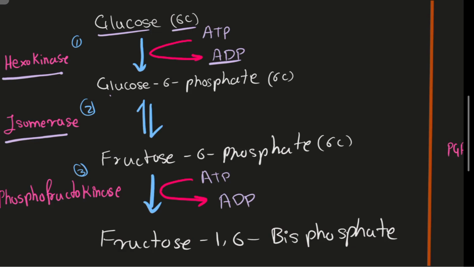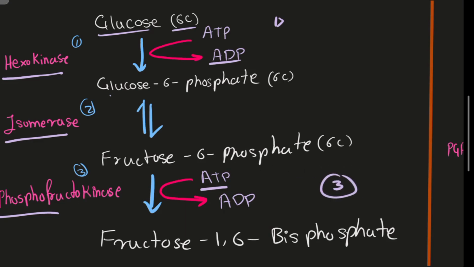Moving forward, we add another inorganic phosphate by breaking ATP into ADP and produce fructose 1,6-bisphosphate in the presence of phosphofructokinase. So this is the first step and this is the third step.